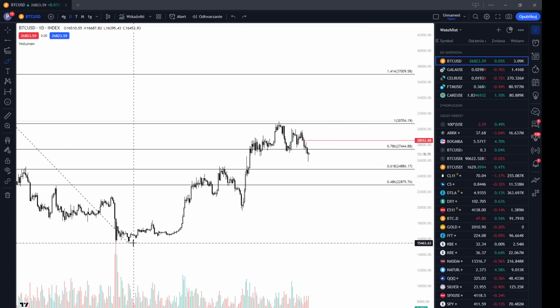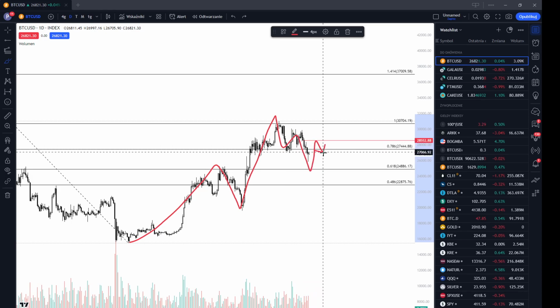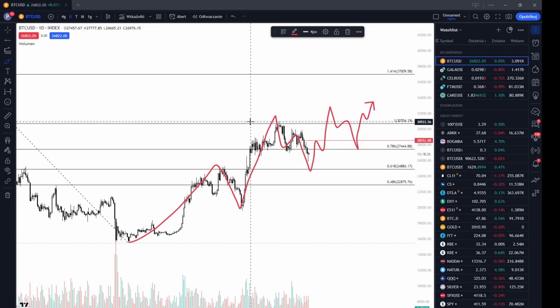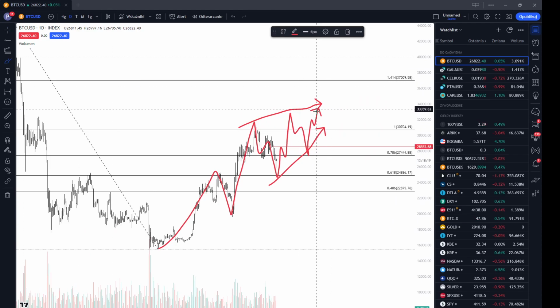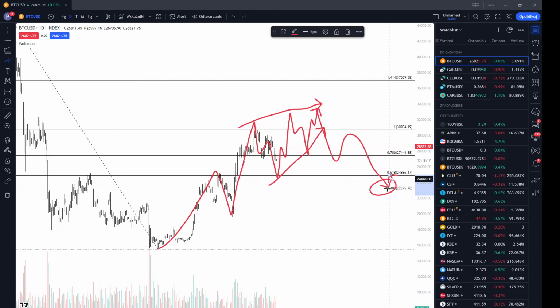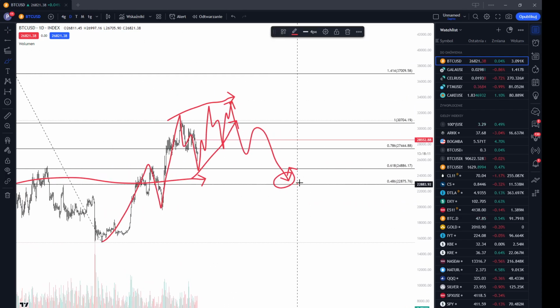Or maybe this is still an impulse, 1, 2, 3, 4, and this is our wave 5 that will take shape maybe as an ending diagonal, to confirm that this is the top. And then we go for a corrective pattern down to somewhere here, like 22,000 looks good, and then we go for another leg up.